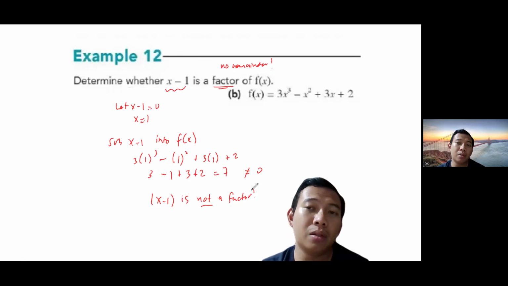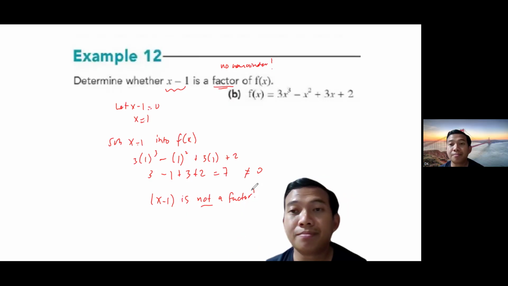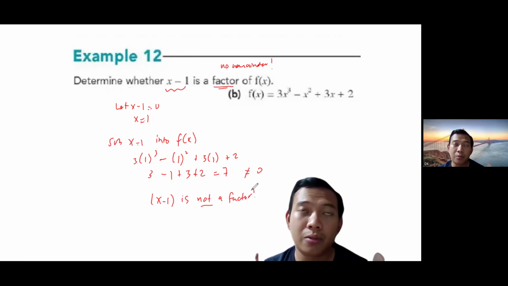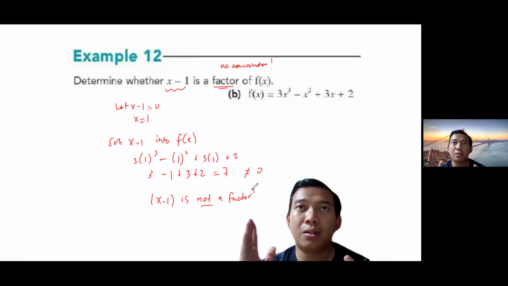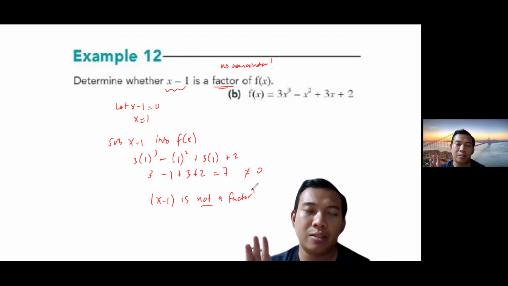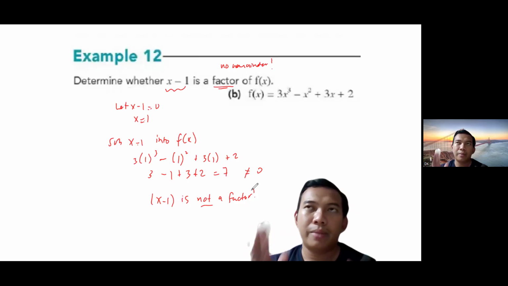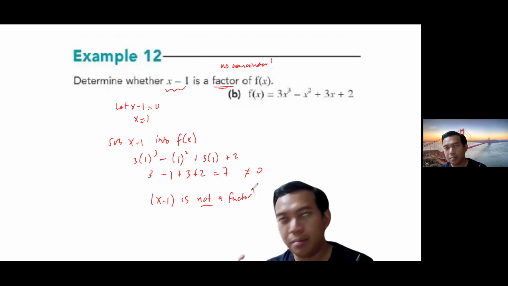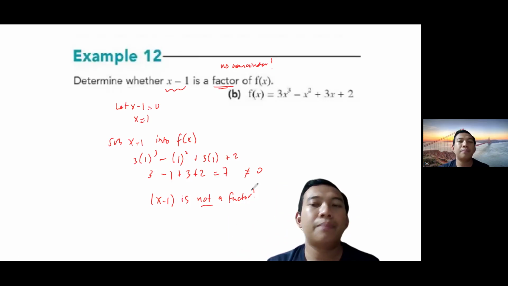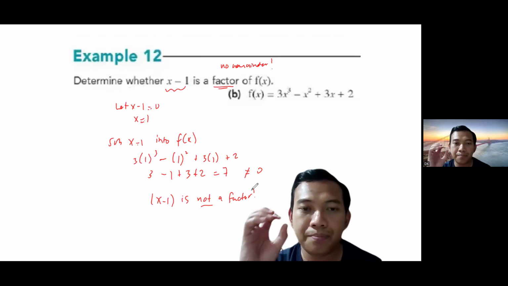You still get a number when you substitute that x. Simple so far. At this juncture, just need to know: remainder, you get a number; factor theorem, no remainder, equal to 0.